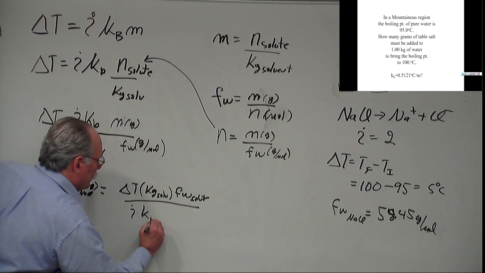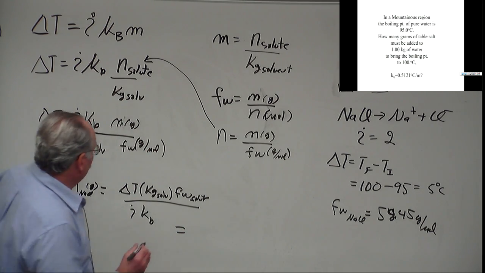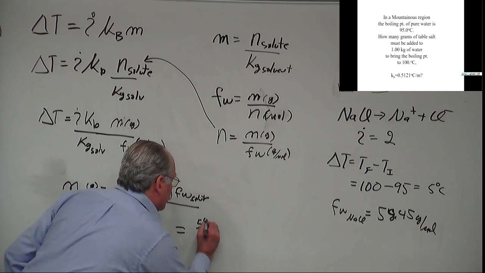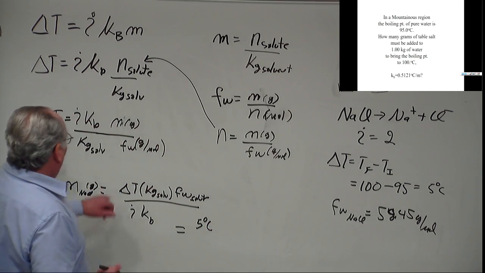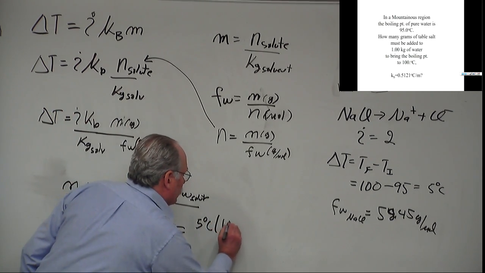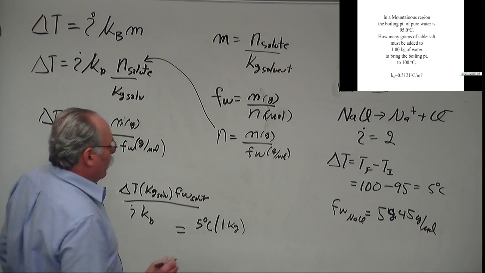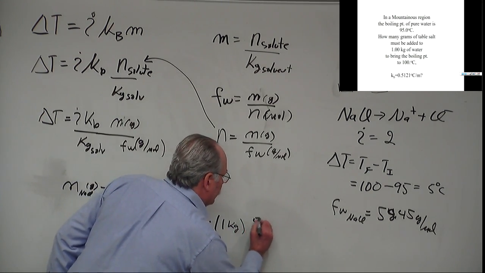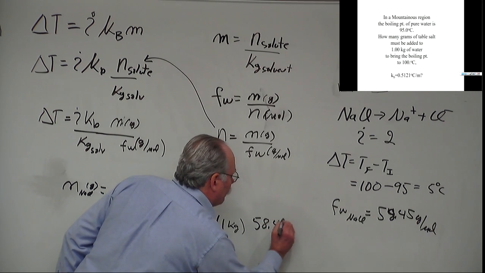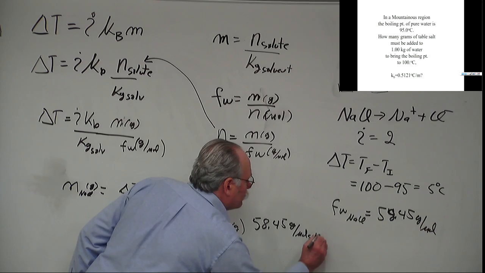Which is equal to, okay, delta T is 5 degrees C. Kilogram solvent is 1 kilogram. The formula weight of the solute is 58.45 grams per mole of solute.